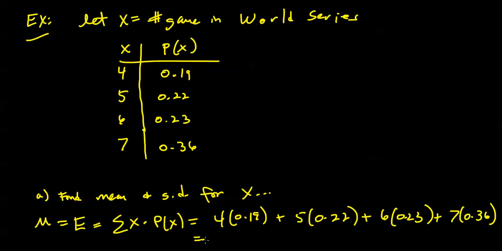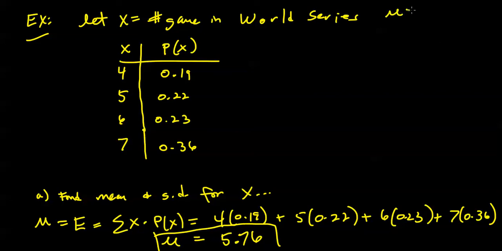Let me get my calculator out. 4 times 0.19 plus 5 times 0.22 plus 6 times 0.23 plus 7 times 0.36. And I get an expected value, a mean value of 5.76. Mu equals 5.76 for this random variable.